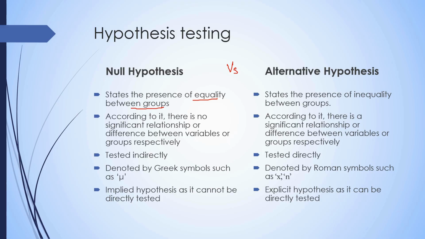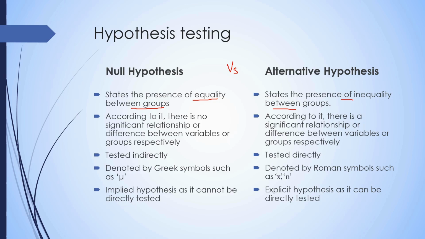Okay. Alternative hypothesis states the presence of inequality between the groups. It says there is a significant difference between the groups, so they are not equal. So the first one, null hypothesis, states the presence of equality between the groups, and alternative hypothesis states the presence of inequality between the groups.